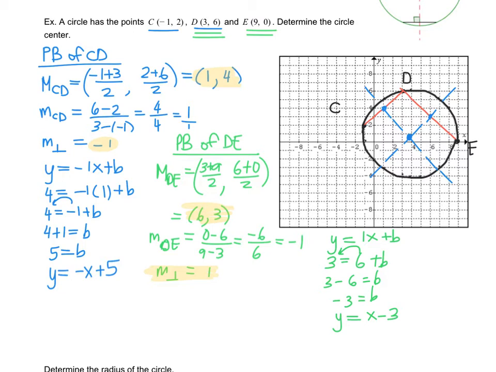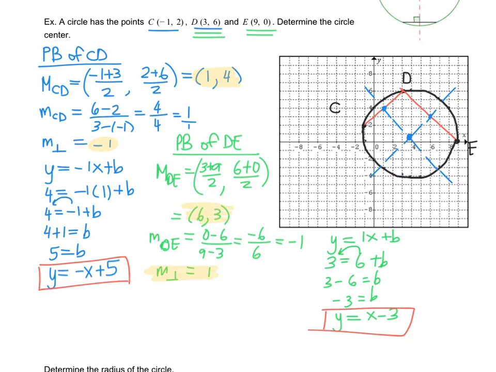So now, I have my two perpendicular bisectors, which are these two lines right here, and we know the center is the point of intersection. So I need to take these two lines and find the point of intersection algebraically, and you can use substitution or elimination.